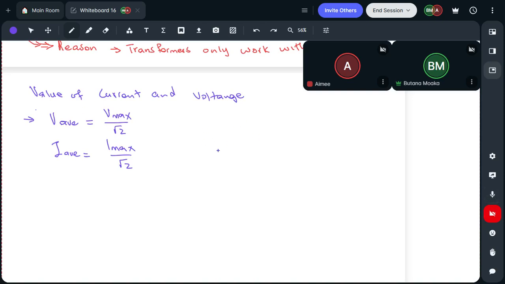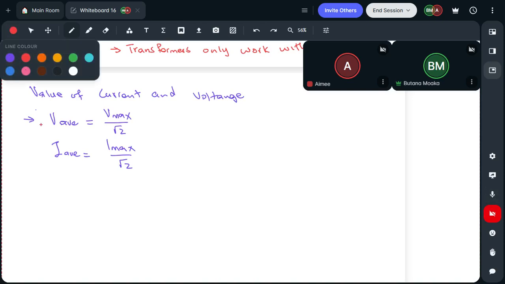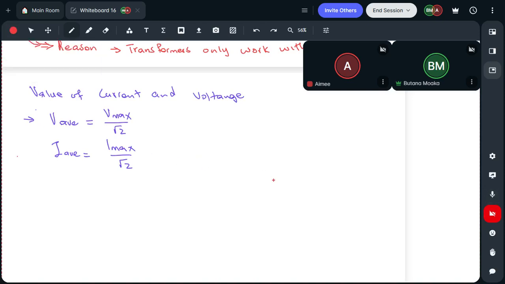So remember, before we move to past papers, there's something that I need you to note. If you still remember, Ohm's law and the first equation can also be used in alternating currents.